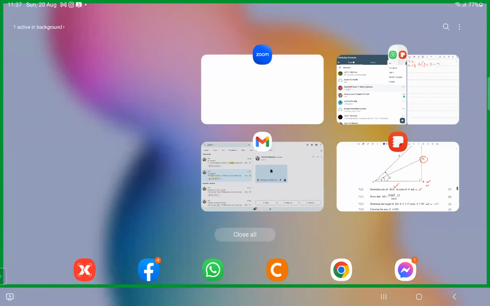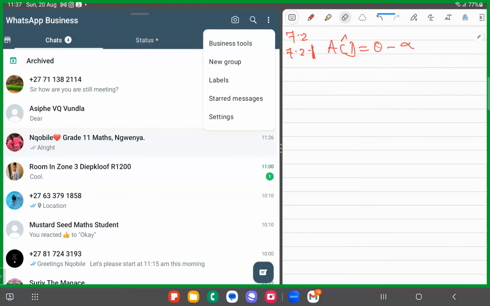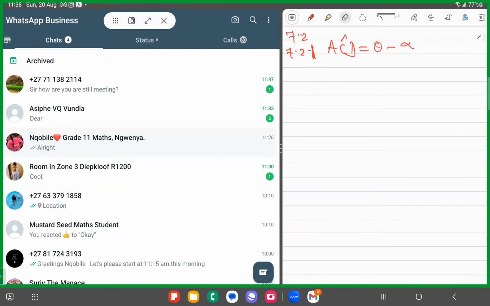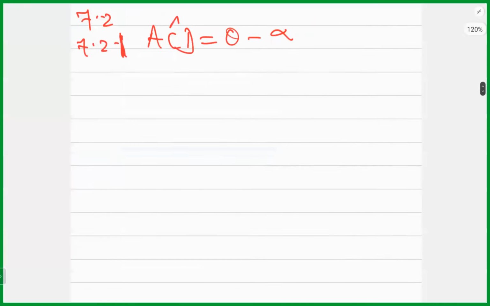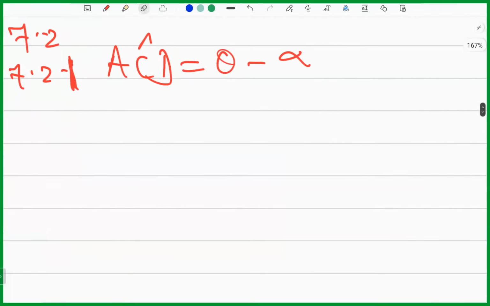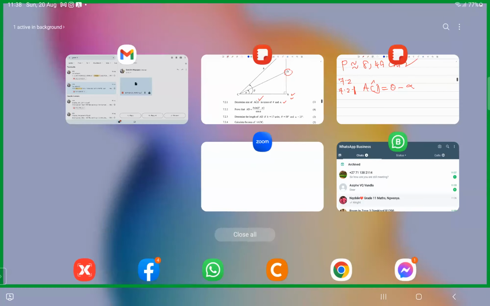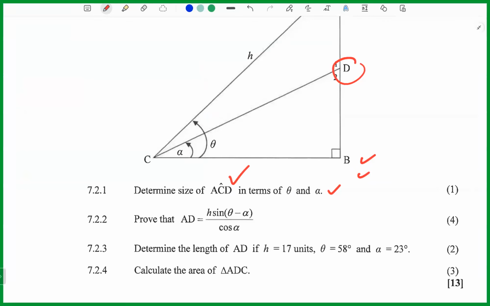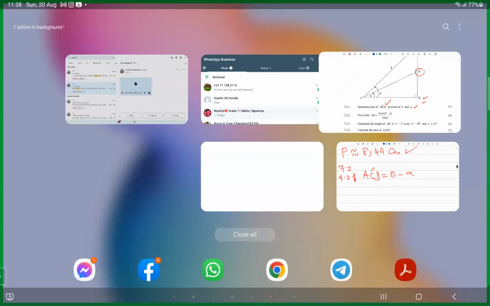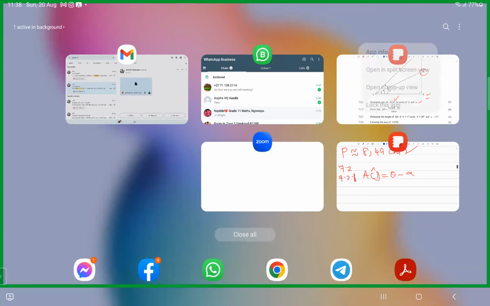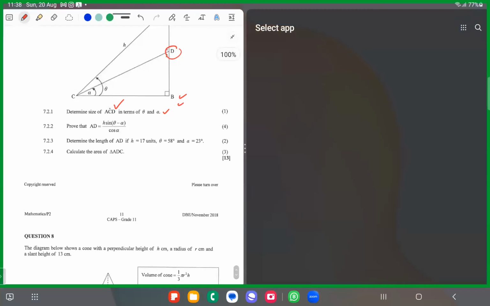The guy has presented the challenge. I need to restore my screen. Don't know why somebody just decided to chat. Let me get to this split screen.